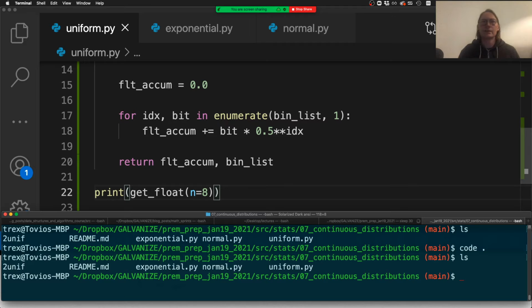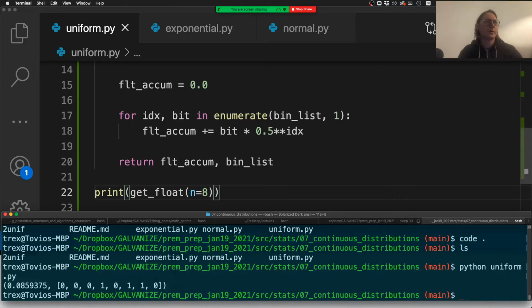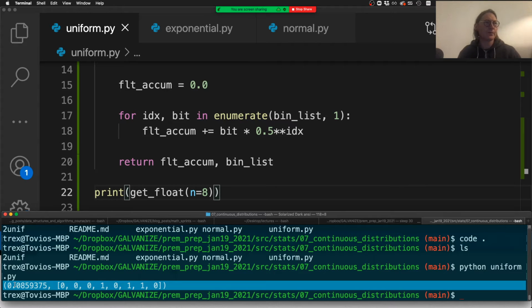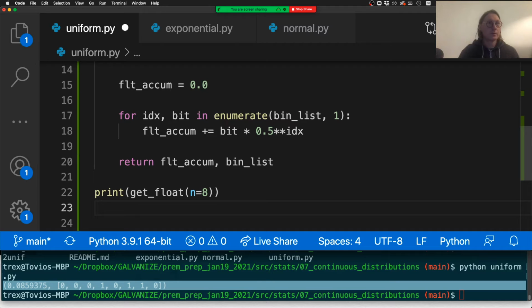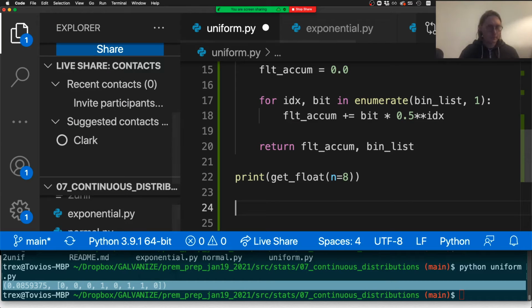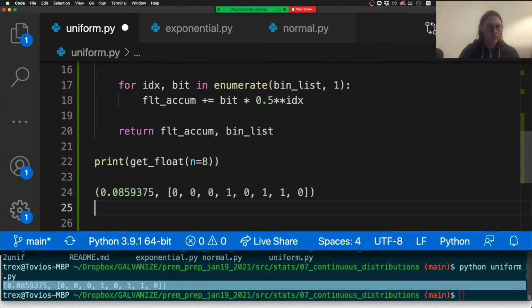Okay, let's see. So notice what I'm getting here. I'm getting this float value, and maybe I'll just copy this. I'm getting some float value between 0 and 1.